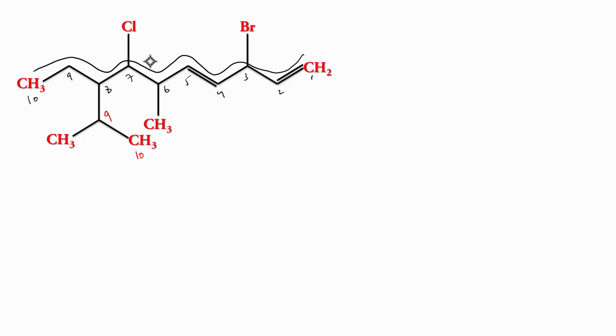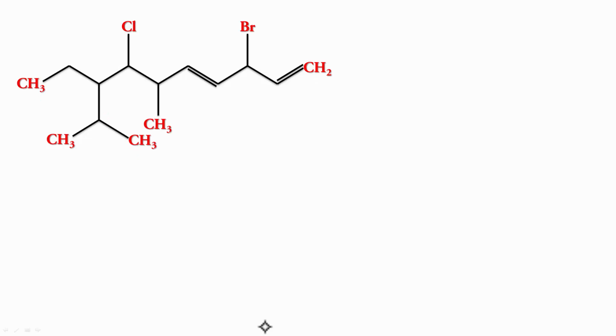So once we've exhausted all the rules of alkenes, we go for the rules of alkanes, meaning we now select that chain which has the maximum number of substituents. Remember, go back to alkanes and check back. You'll see the first rule for identifying the parent chain is that if there's more than one chain containing the same number of carbon atoms, go for the chain which has the maximum number of substituents.